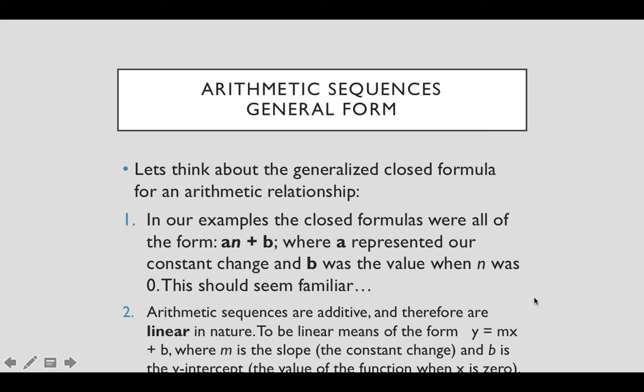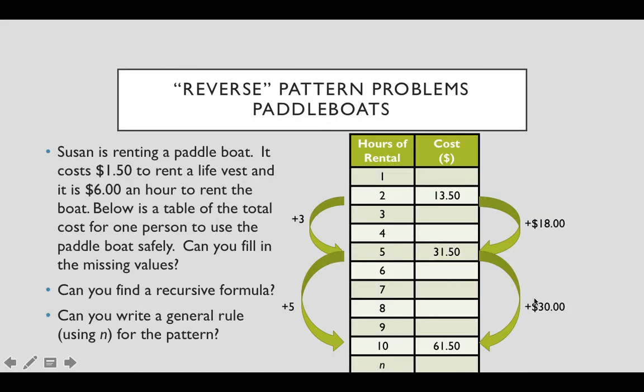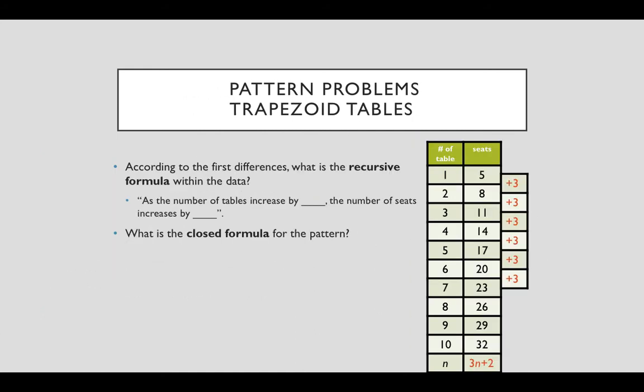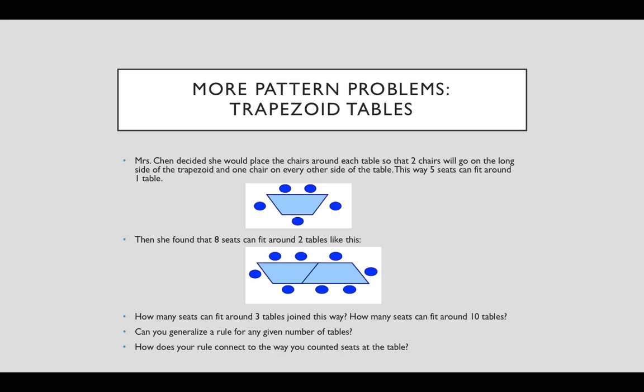So what we've just looked at here is, again, algebraic ideas, but I think you'll agree when we look back at some of these problems, right? If I think about even trapezoid tables, I can do this problem with third graders and fourth graders. They can count, they can build the tables, they can tell me how many seats there are.